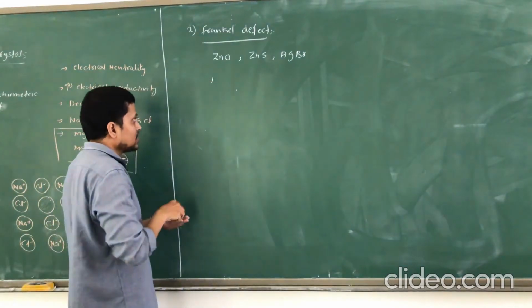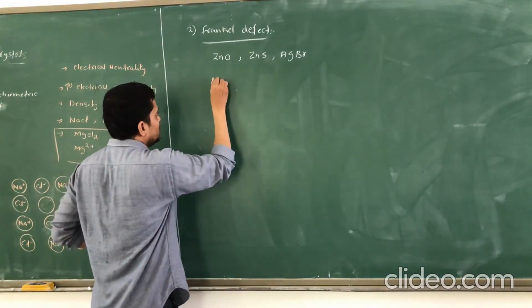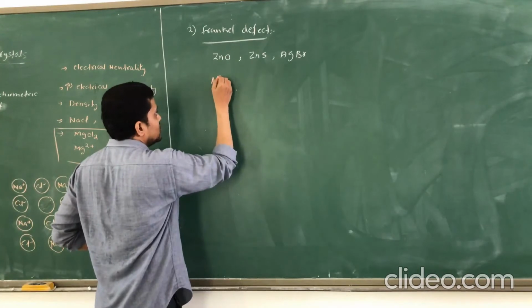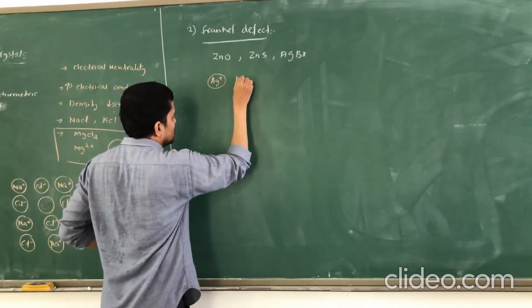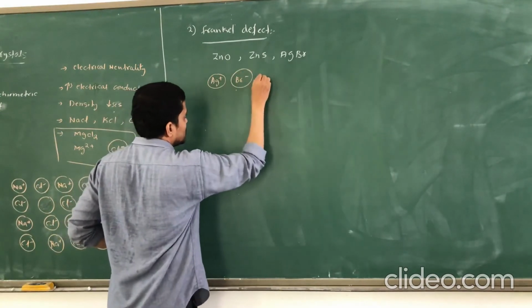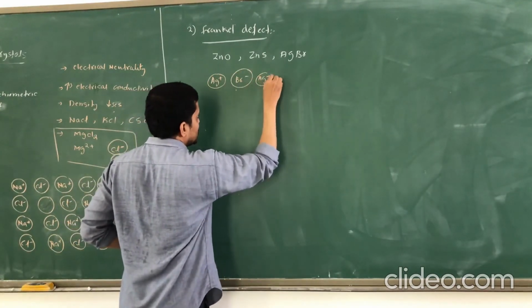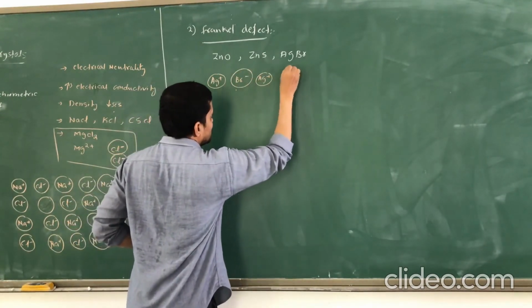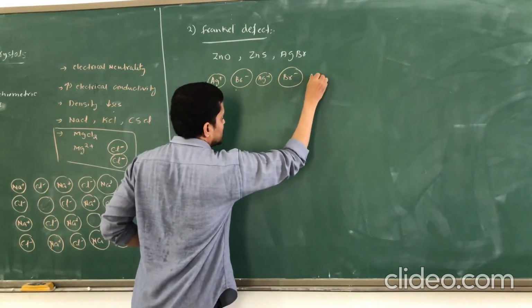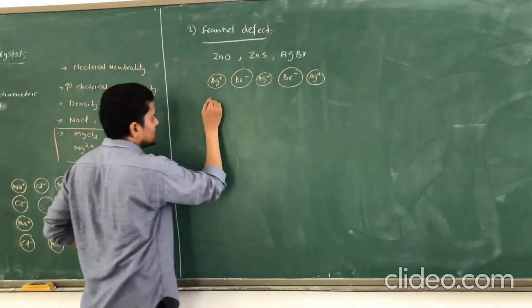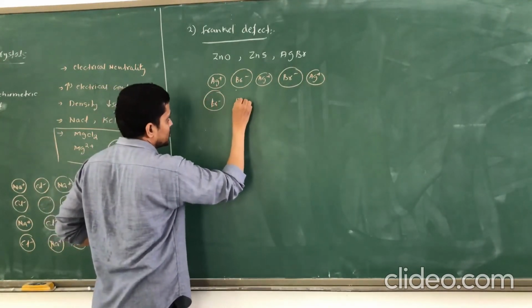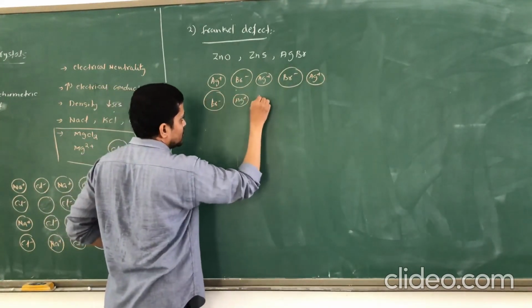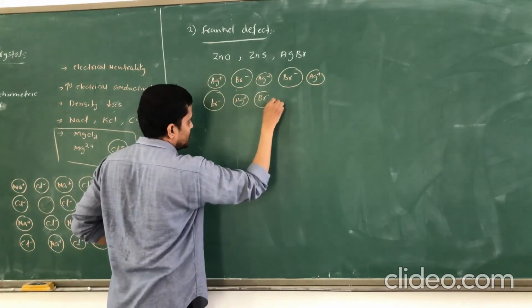So I will just draw this example. Like I am taking AgBr: Ag plus, Br minus, Ag plus, Br minus, Ag plus, then here Br minus, Ag plus, Br minus.